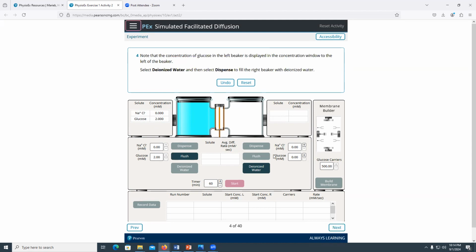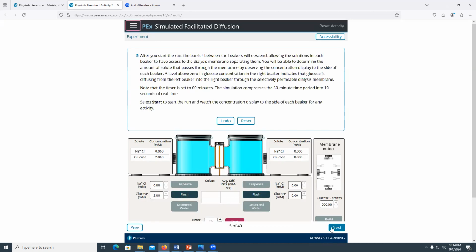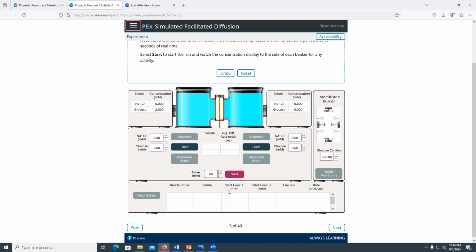Then we're going to add deionized water on the right beaker, and they are separated by this membrane containing 500 glucose carriers that we have built in this membrane builder. Then we're going to click on start, and this experiment is going to run for 60 minutes. And then we're going to look forward to equilibrium.